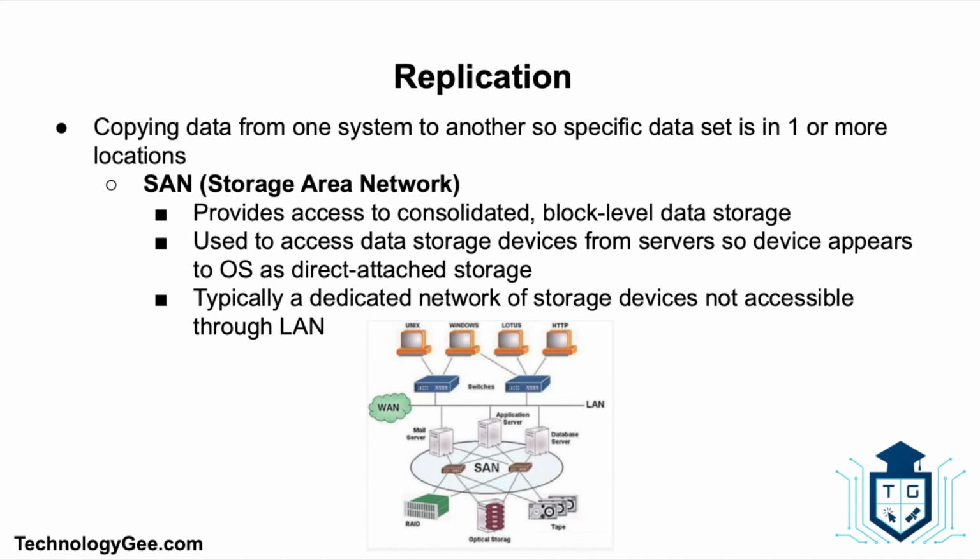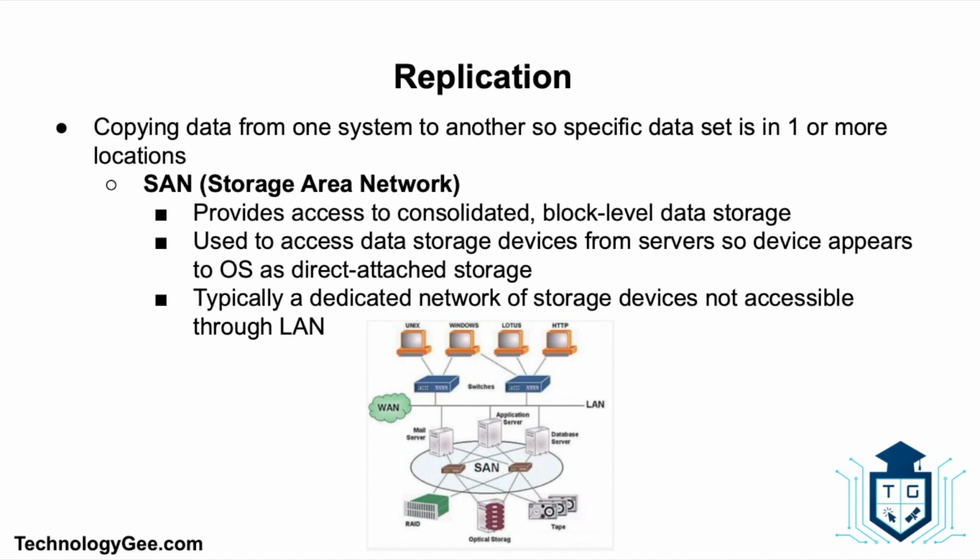All right, let's talk about replication. So replication, this is the process of copying data from one system to another so that a specific data set is in one or more locations. And two components of replication that you need to know for the Security Plus exam are the following. The first one is called a storage area network, or a SAN.